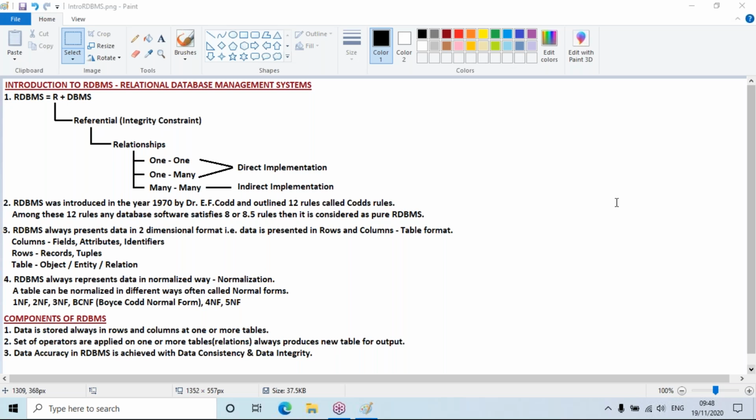Yesterday's session was basics of database. Today's session, we started our subject. We have entered into the introduction of RDBMS.